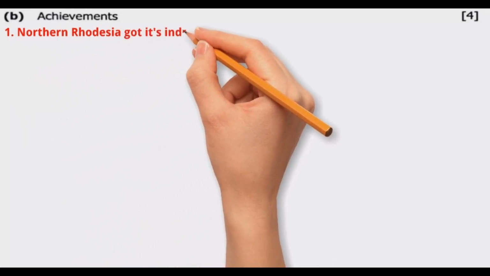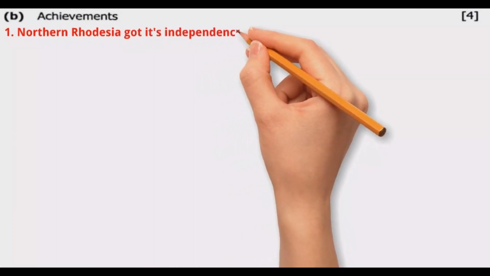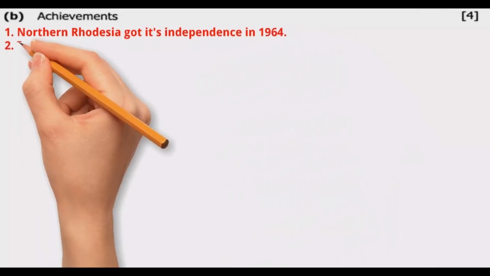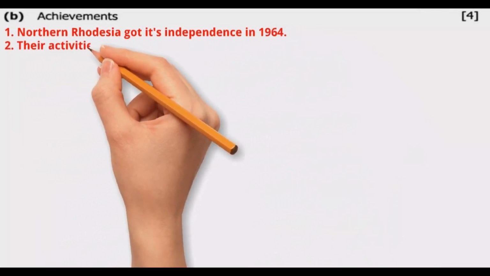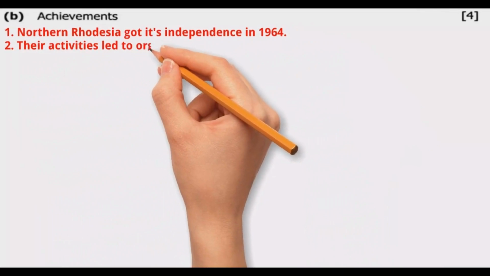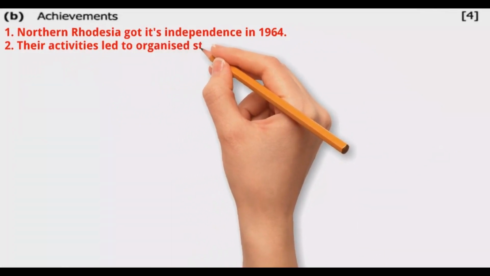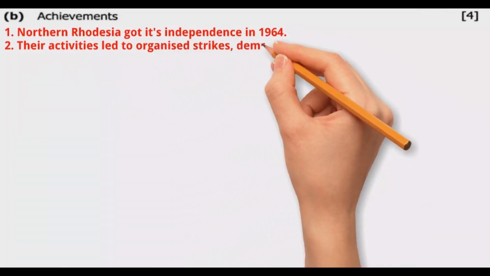Because of the activities of welfare associations and trade unions, Northern Rhodesia, currently known as Zambia, got its independence in 1964.